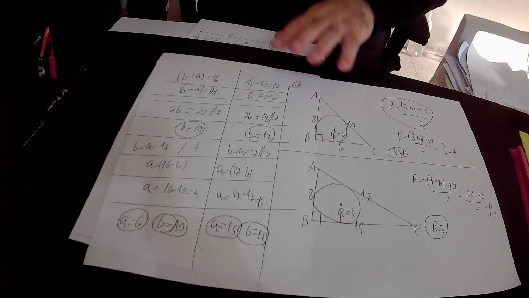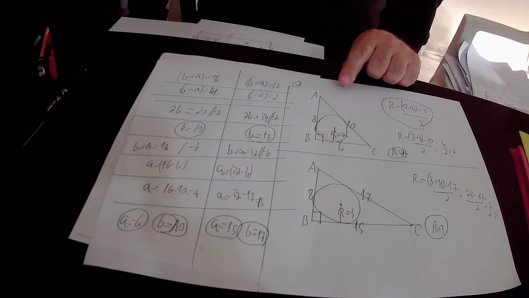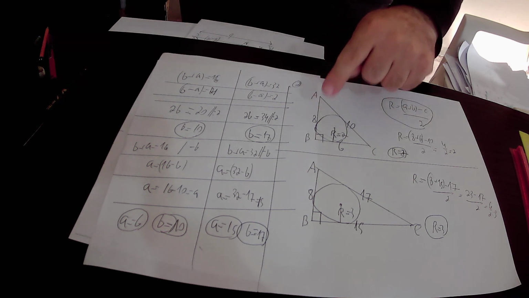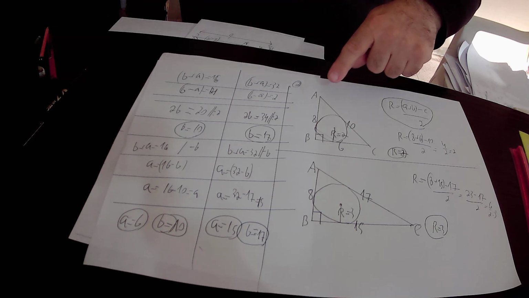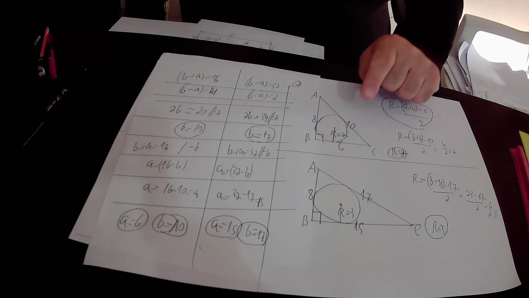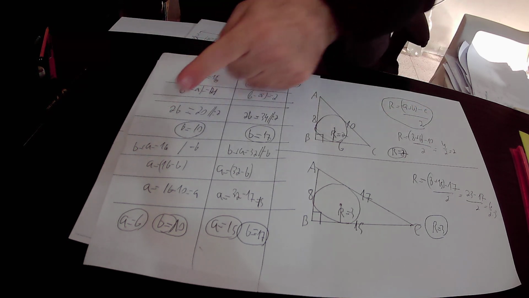Then I drew the two options that we have for a plus b here. According to the first option, we have here the right triangle ABC. Side AB equals 8 units, it is given in the question, angle ABC equals 90 degrees. Side BC equals a according to our definition, and a equals 6.